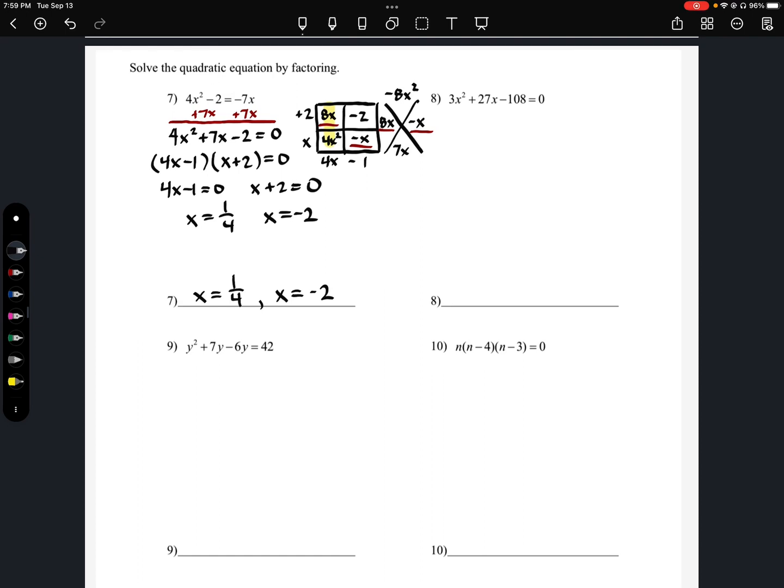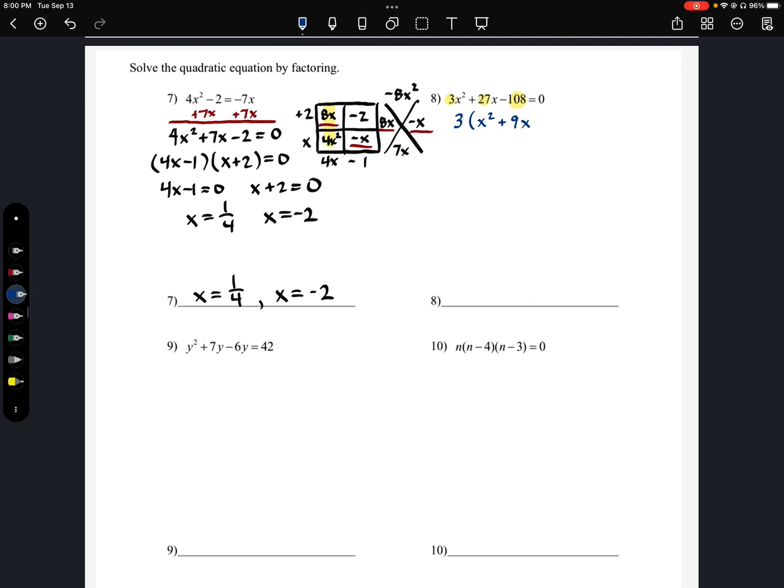Okay, number 8, we have 3x squared plus 27x minus 108 equals 0. So this one's already in standard form. And if we look at it, we can see that our 3, our 27, and our negative 108 are all divisible by 3. So we'll factor out our 3 first. So I'm going to say 3, and what's left over is x squared plus 9x.